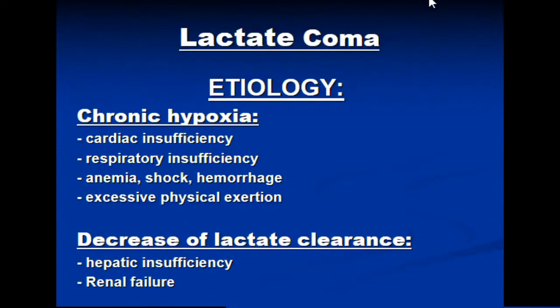Lactate coma. Etiology. Chronic hypoxia, first of all. Chronic hypoxia may be due to cardiac insufficiency, respiratory insufficiency, anemia, shock, hemorrhage, excessive physical exertion, decrease of lactate clearance, hepatic insufficiency, liver insufficiency, and renal failure.